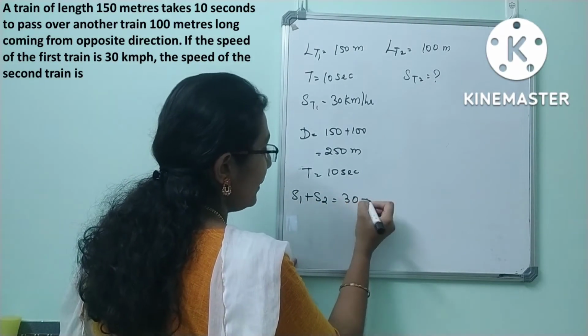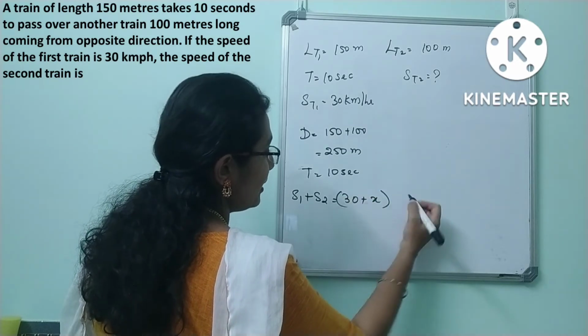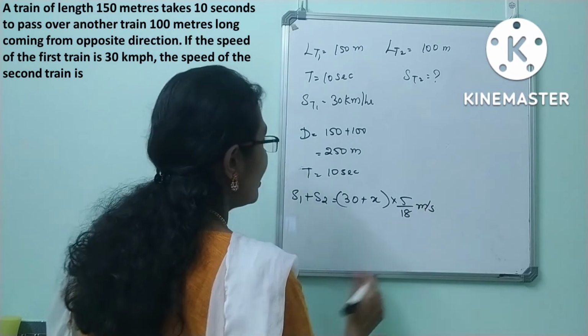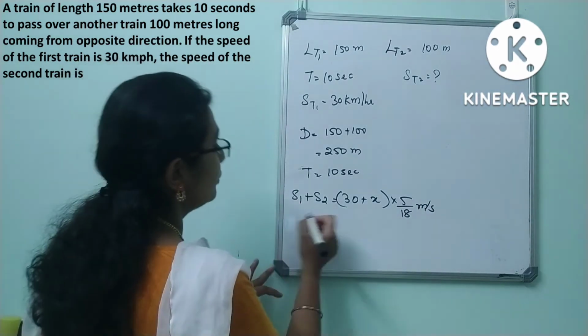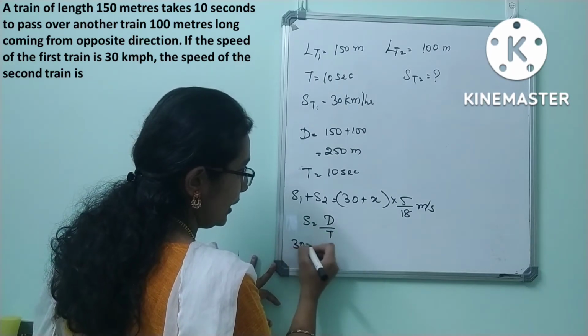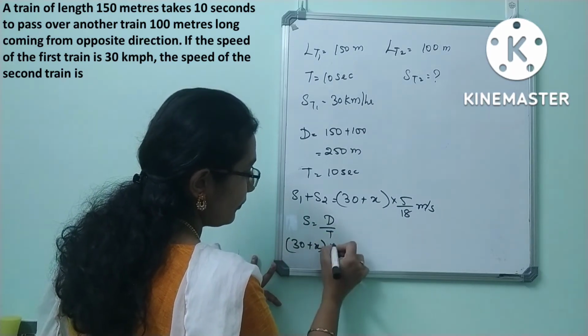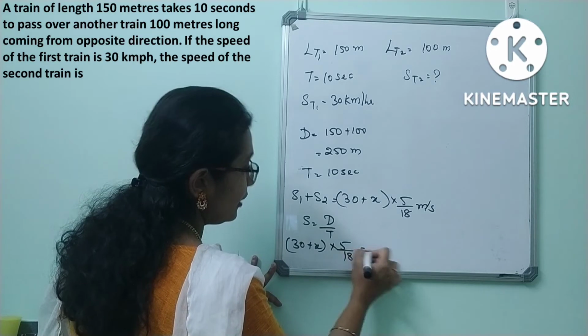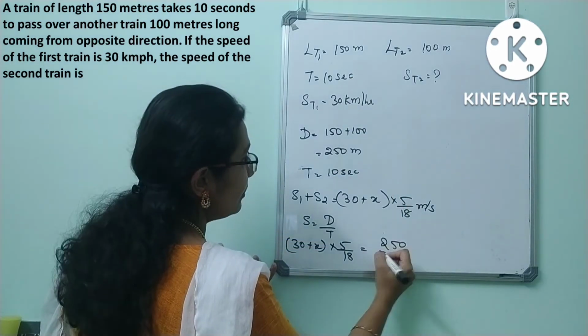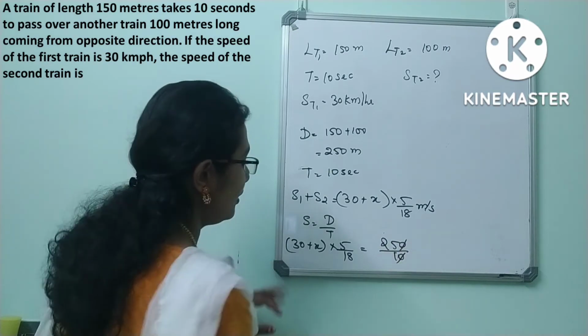So 30 plus x. Let us keep it as x into 5 by 18 meter per second. Clear? Now substitute. Speed is equal to distance by time. So (30 plus x) into 5 by 18 is equal to distance 250 by time 10 seconds, okay? So the 0 gets cancelled.